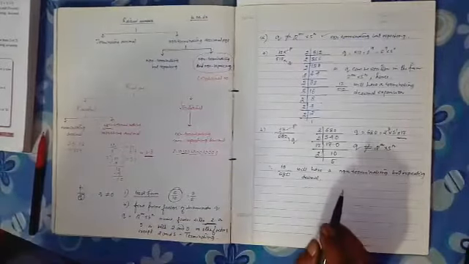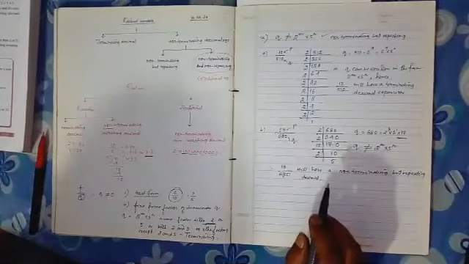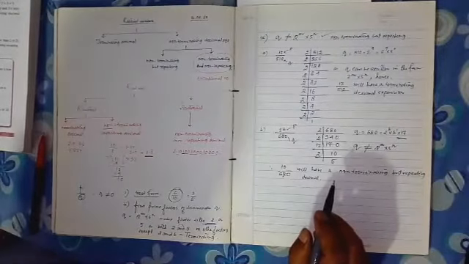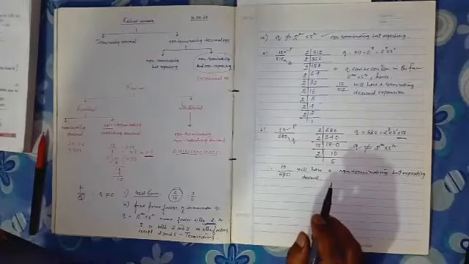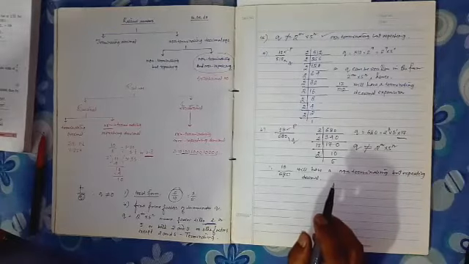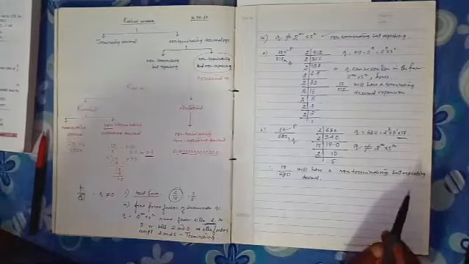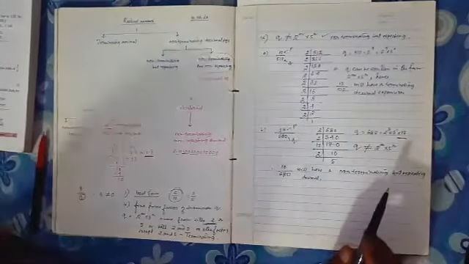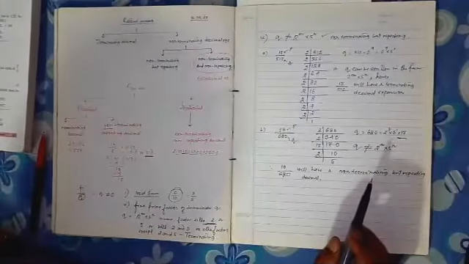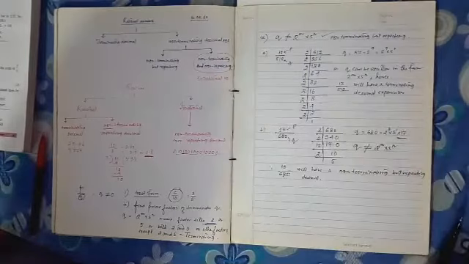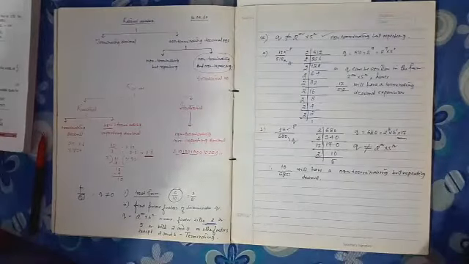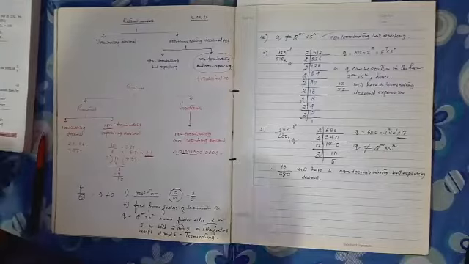I think this is clear to you. Next, I am going to show you how to write a non-terminating repeating decimal in the form of P by Q. Let us explain this one taking one example.